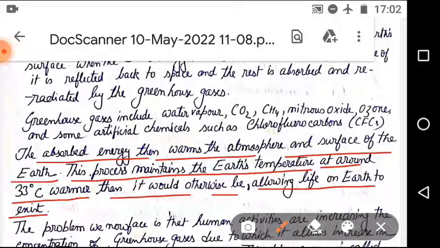It totally escapes from the surface of the planets. But earth has such gases in the atmosphere which maintain the earth temperature around 33 degrees Celsius warmer, and that is the main reason why life is supported on earth.